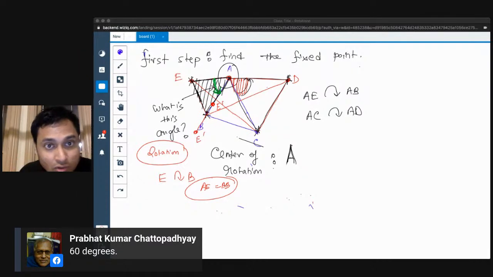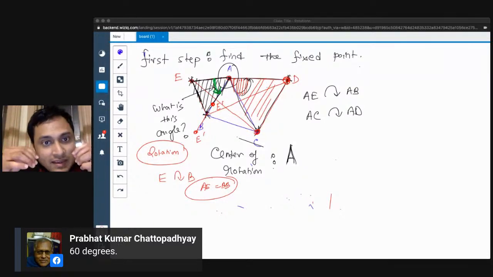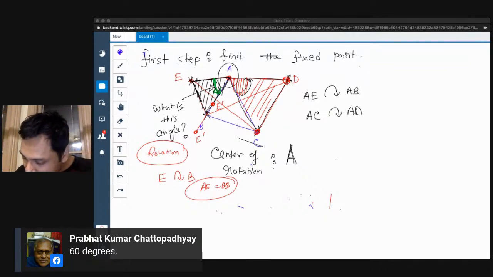The same logic holds for C falling on D. AC will exactly fall on AD because the length of AC is equal to the length of AD, because this triangle is equilateral. There you go. E falls on B and C falls on D. Therefore, CE will exactly fall on BD.